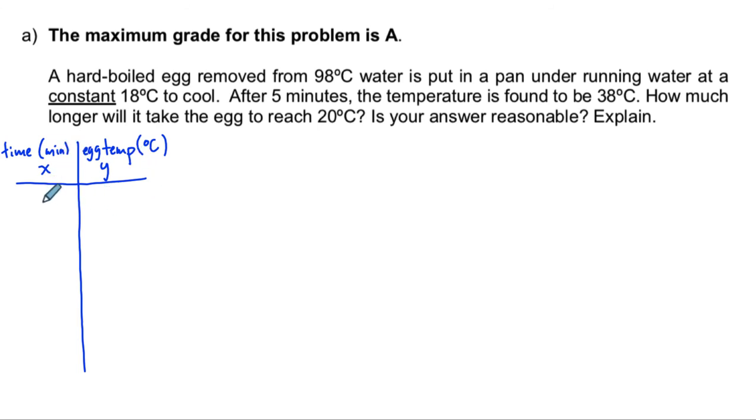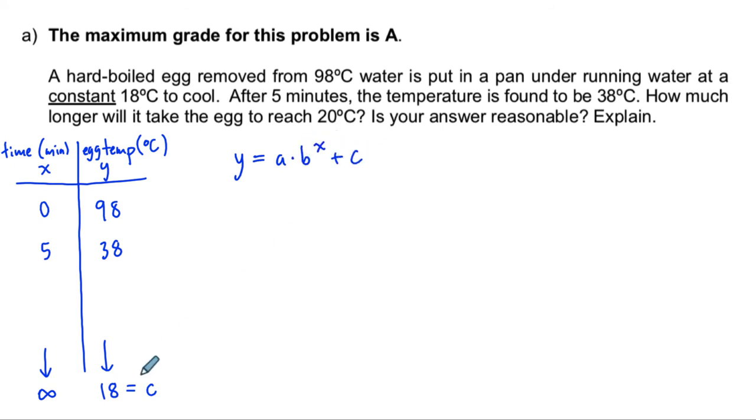Now at time 0, we know that the egg temperature is the same as the water temperature when the egg is removed from the boiling water. 5 minutes later, the temperature is found to be 38 degrees. And as time goes on forever, the water temperature and the egg temperature would merge to a constant 18 degrees Celsius. This is our value for C, which from our model y equals a times b to the x plus c is the vertical translation of the horizontal asymptote. So our model so far is y equals a times b to the x plus 18.